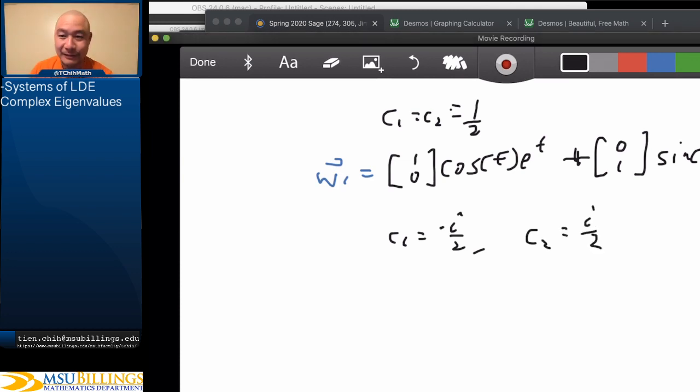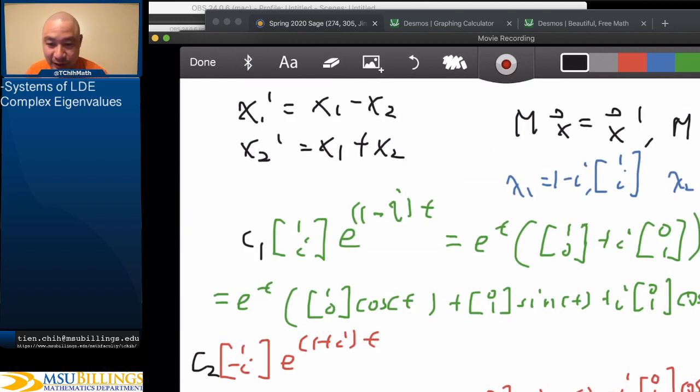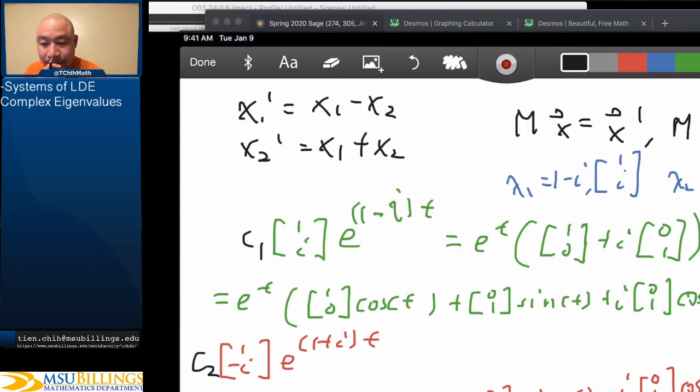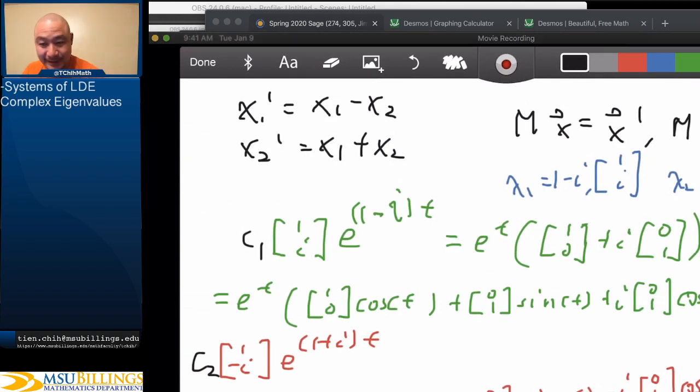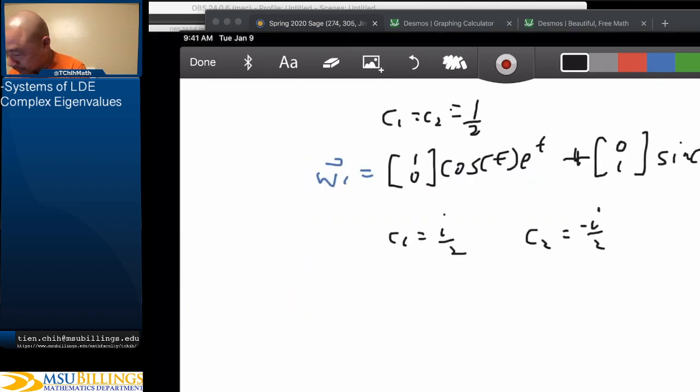Now let me just think if this is the actual choice that I want. No, I don't think so. I think I want to switch my sides. This is purely an aesthetic choice, by the way. And the reason I chose this is so that when I hit this guy with minus i over 2, this is the positive term, right? And that's the negative term.